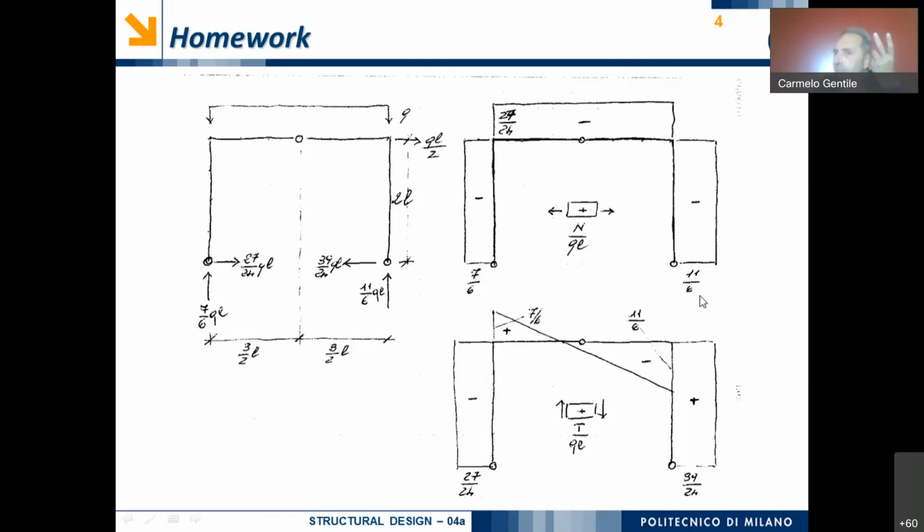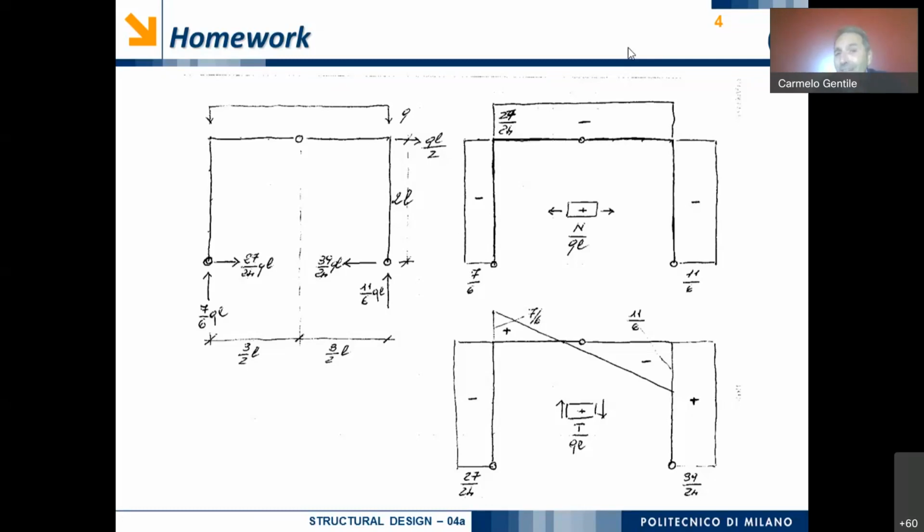So you can see very easily that if we want, we can write the evolution in terms of x of axial force and shear and bending moment. But generally, what is needed is just to compute the value at the extreme ends of our beam.